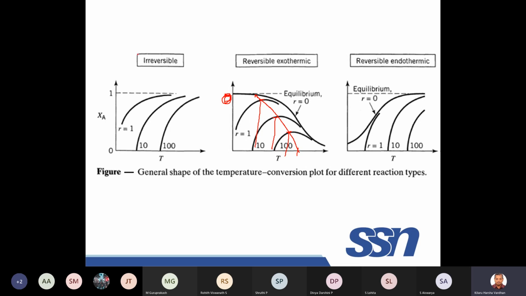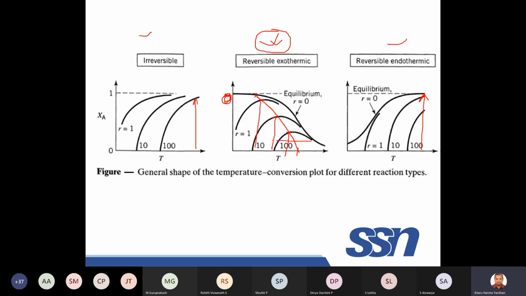So based on these three, this is for both exo and endo, this is for reversible endo, and this is for reversible exo. This point is very important because these are almost similar. At a high temperature, it favors your reaction. Here also high temperature favors your reaction, but not here in the exothermic process.